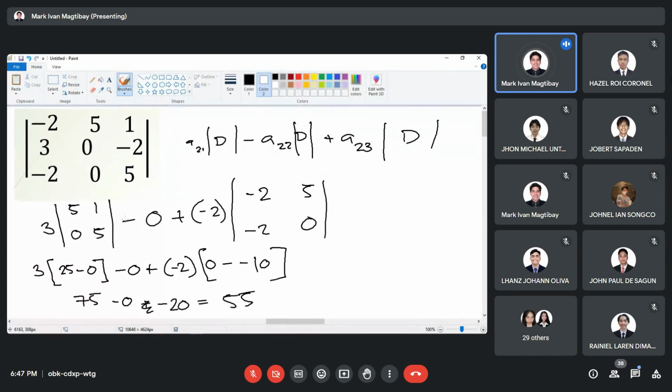Oo nga, ba't nga nagka-problema yun? Positive 55. Okay, so do-double check ko na lang siguro. Baka may nagsala po akong computation.